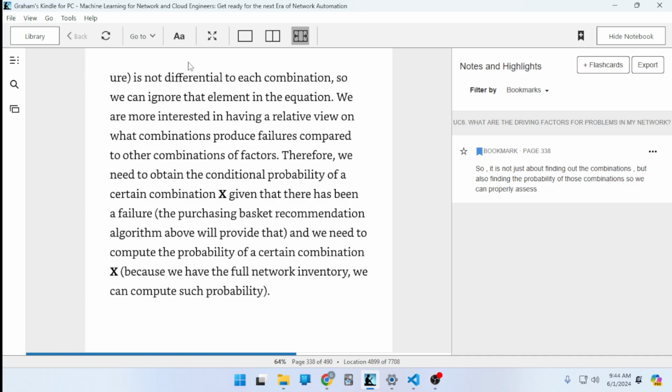We are more interested in having a relative view on what combinations produce failures compared to other combinations of factors. Therefore, we need to obtain the conditional probability of a certain combination X, given that there has been a failure. The purchasing basket recommendation algorithm above will provide that. And we need to compute the probability of a certain combination X because we have the full network inventory, we can compute such probability.